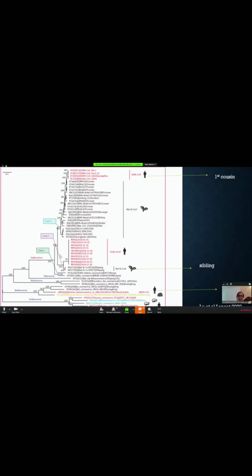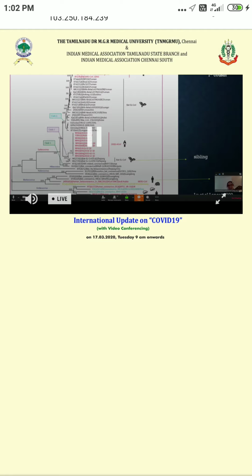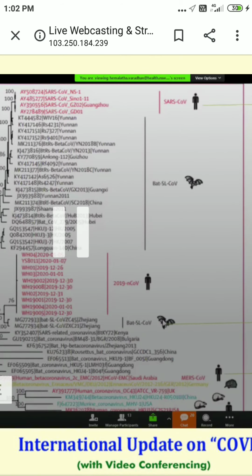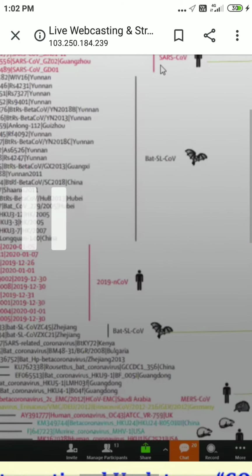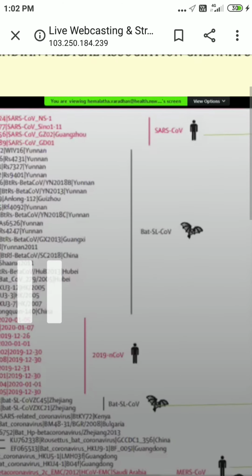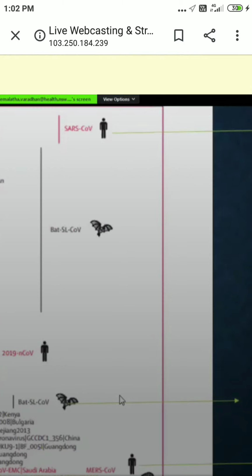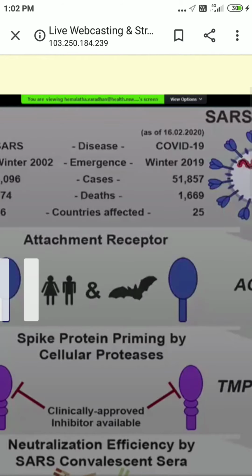So you'll have to go another branch further. And then you have to go 3 more branches further to actually compare with the MERS-CoV as well as the human coronavirus that we have as common cold virus in our population. So in other words, if you call the coronavirus a child, then obviously the bat virus would be its sibling, the SARS-CoV perhaps first cousin, and the MERS-CoV will be the second distant cousin, a distant relative.